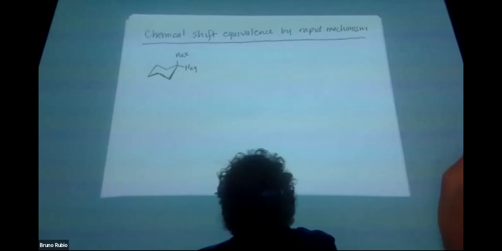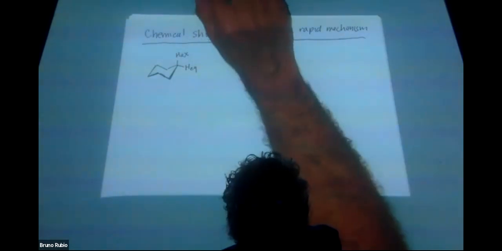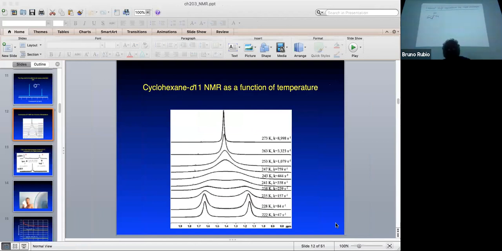Okay, so now let's look at a spectrum of cyclohexane and see whether that expectation is confirmed. Okay, so here's the NMR spectrum of cyclohexane-d11, forget about what that means for a second.